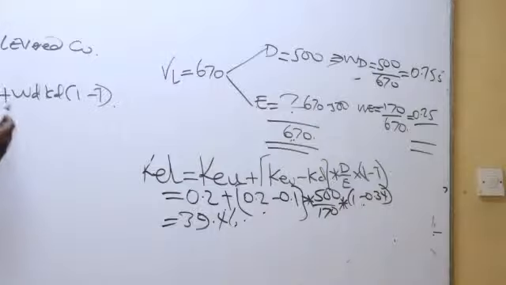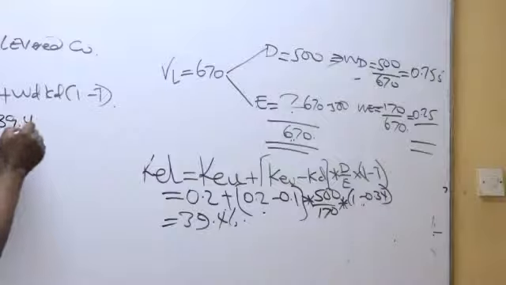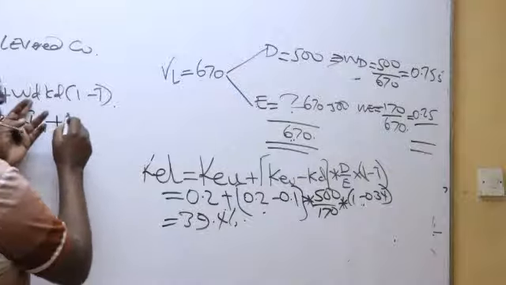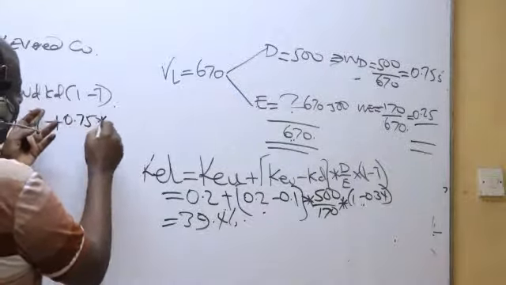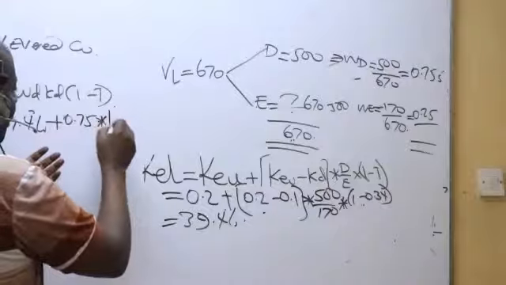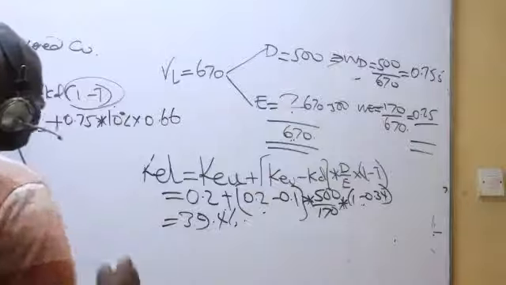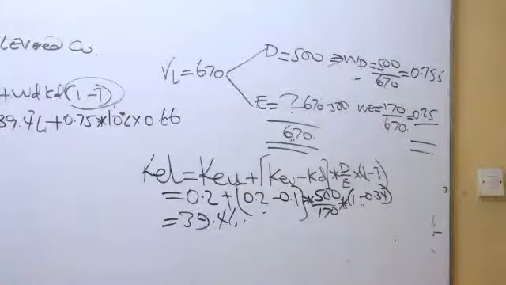This has to be KEL, and the KEL is the one you gave me as 39.4%. And then we have the weight of debt, which is 0.75. KD is what you gave me as 10%, times 0.66, because 1 minus 34% is 0.66.